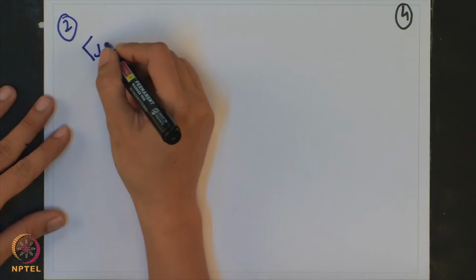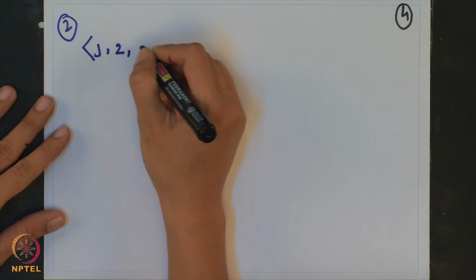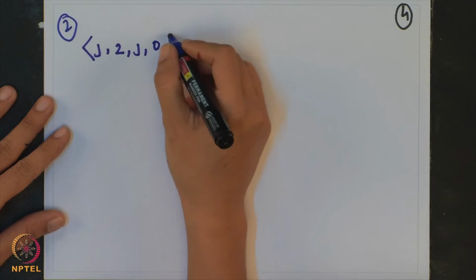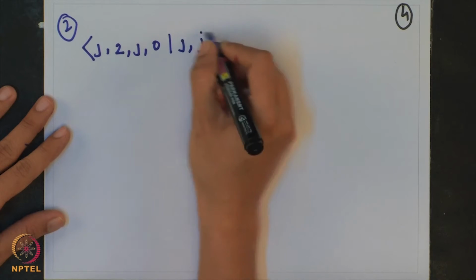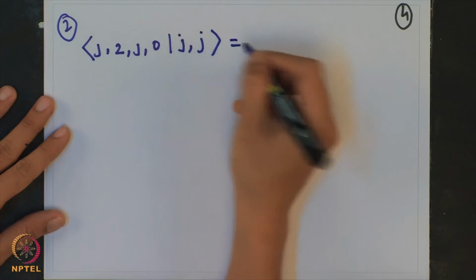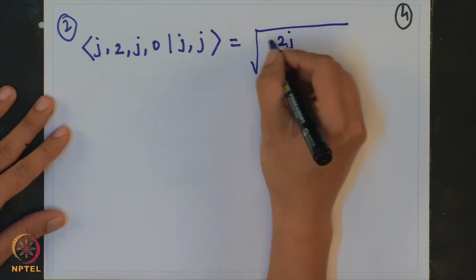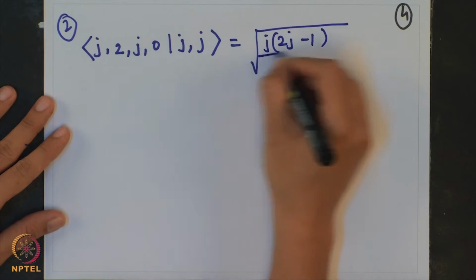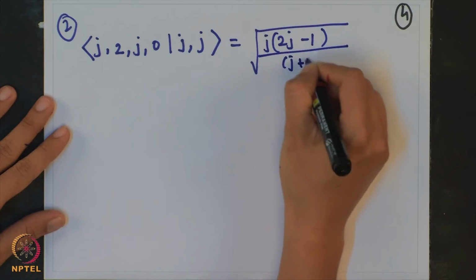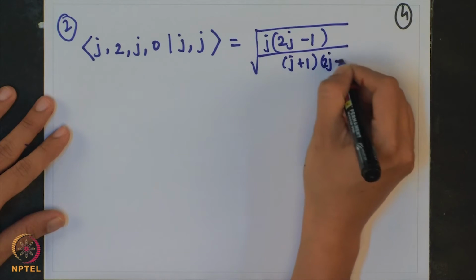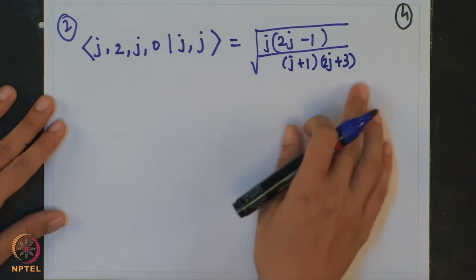In the second problem, in simple steps, you can do the second problem just by inspection. So, in the second problem you have ⟨j 2 j 0 | j j⟩, this is given to you, and this is the square root of 2j, j into 2j minus 1 upon j plus 1 into 2j plus 3. This is given to you.